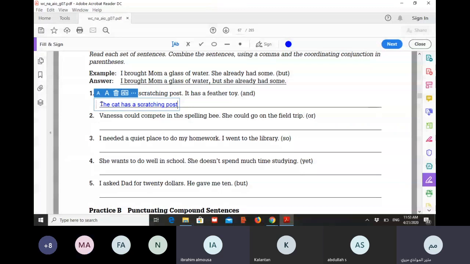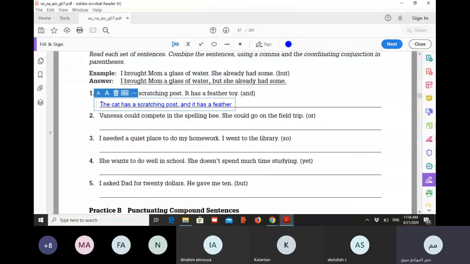What am I going to write here? You put and. Straight away I put and? There is nothing before it. A comma. Excellent. This is very important. So a comma then. And of course, I remove the capital I and replace it by a small i because it is in the middle of the sentence, and I carry on my sentence. And it has a feather toy.